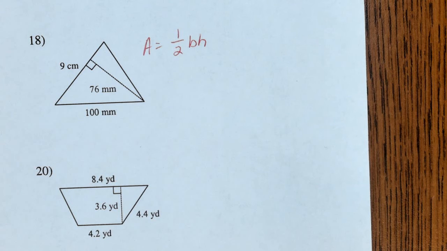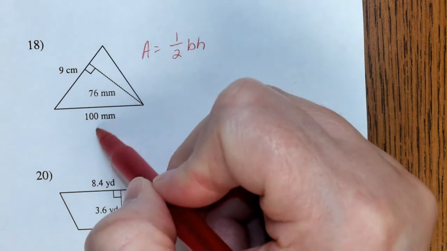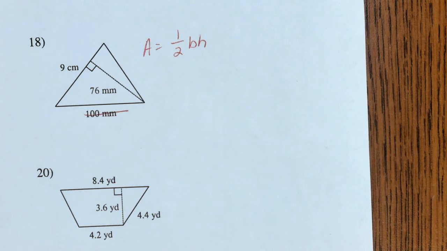How do you know which ones are the base and height? Right angle. They form a right angle. So which of these two numbers are actually forming a right angle? 9 and 76. So this 100 is not needed.